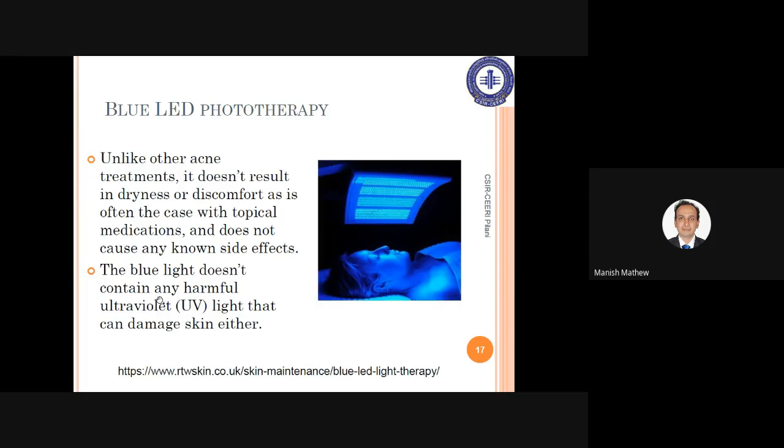And this blue LED doesn't contain any UV light that can endanger the skin either. So this is a particular advantage of this blue LED that can be used for phototherapy for acne treatment.